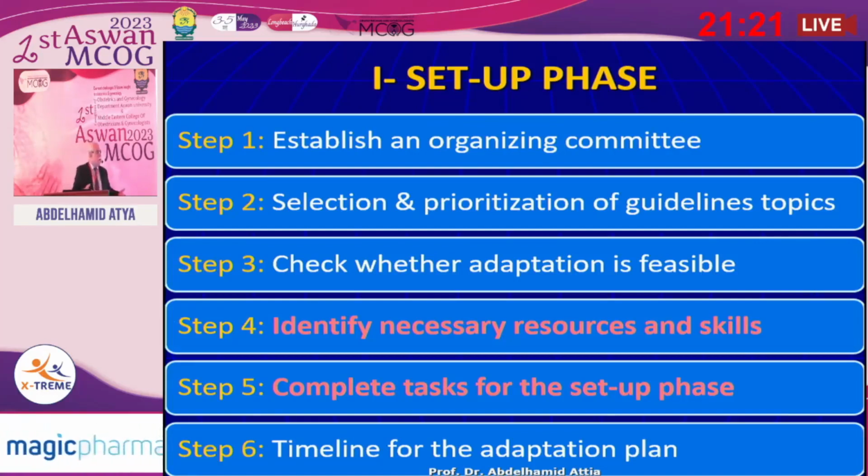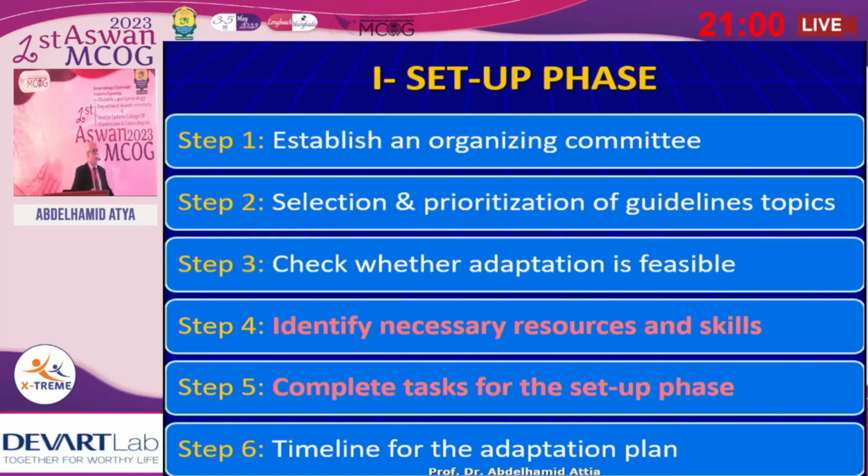And check whether adaptation is feasible. Is there a will in the institution to adapt guidelines and apply them in everyday practice or not? Is it feasible, or am I going to work and make an effort without avail? Then you have to identify the necessary resources and the skills.